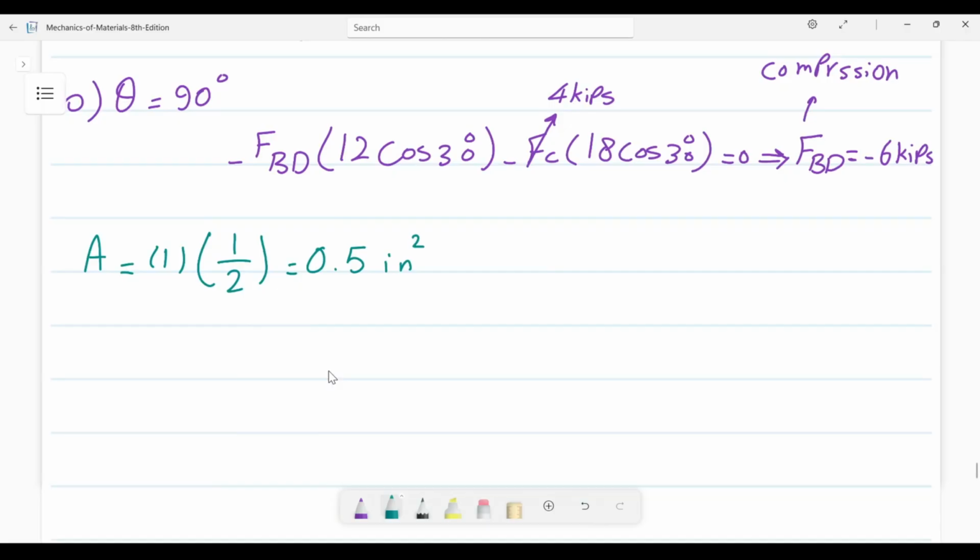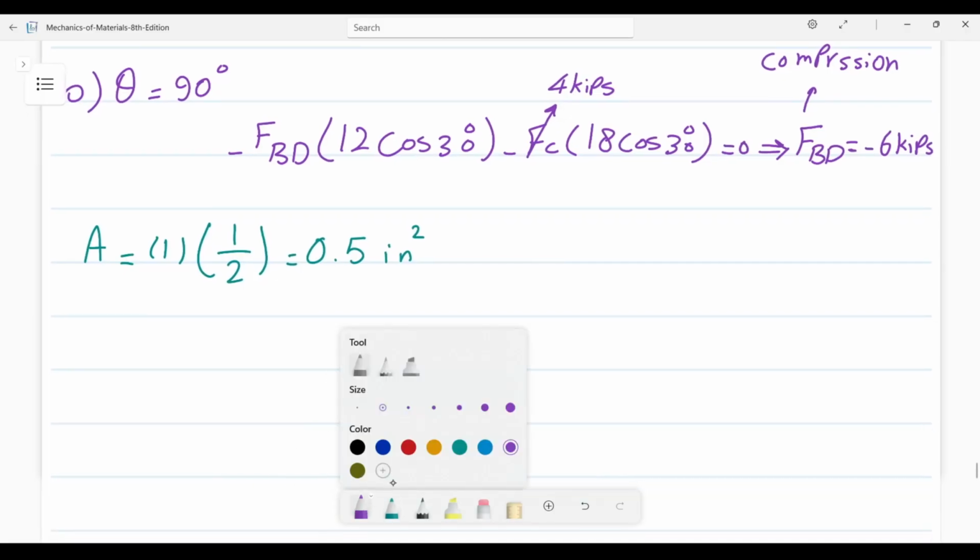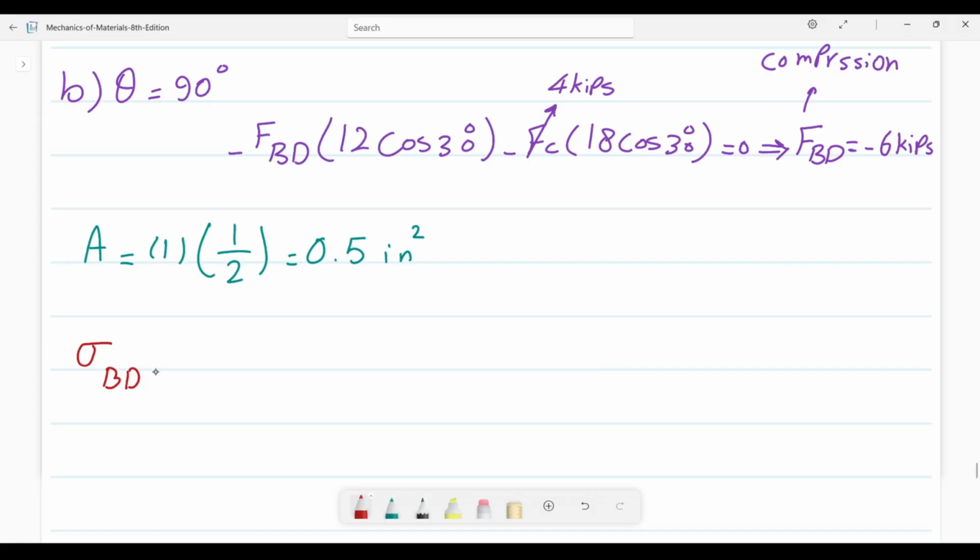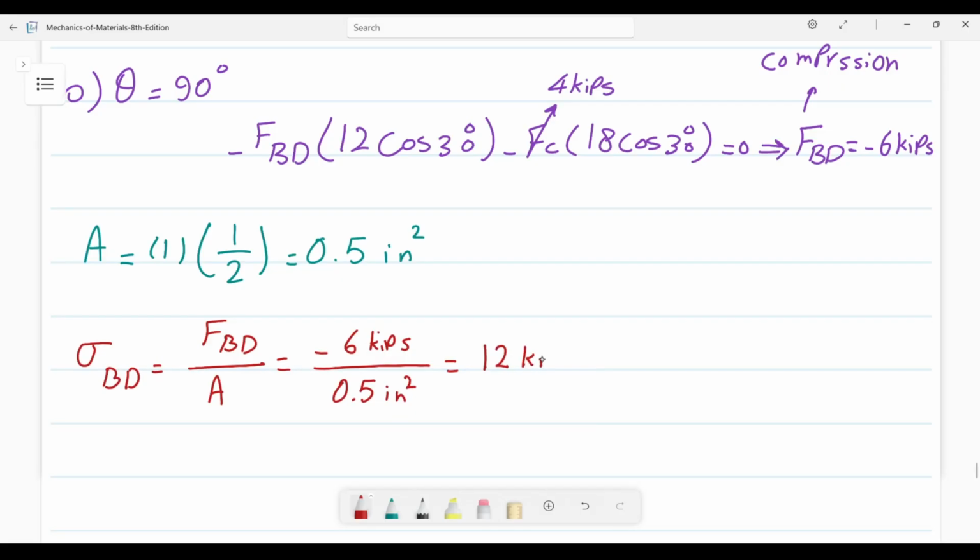And according to the area and the load, here we have sigma BD equal FBD divided by the area for compression loading, and it's equal to minus 6 kips divided by 0.5 square inch, and it's equal to 12 ksi.